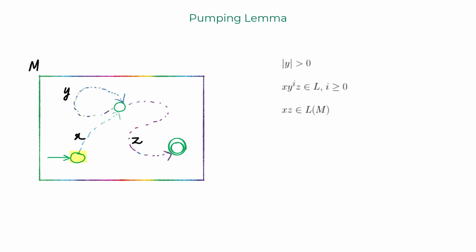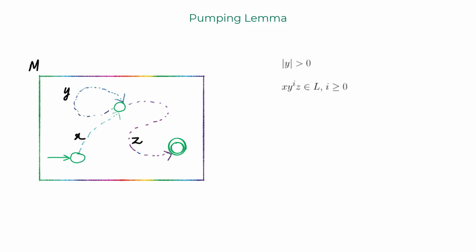That's when the DFA skips the pump and directly traces the path from x to z to the accepting state. So this is the case when i is 0. When i is 1, xyz belongs to the language. When i is 2, meaning the string y got pumped twice, we have xyyz belonging to the language, and so on and so forth.